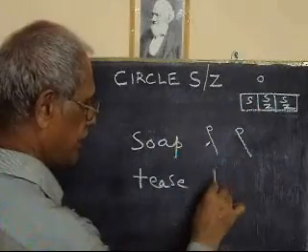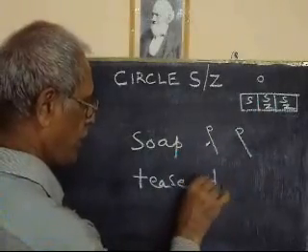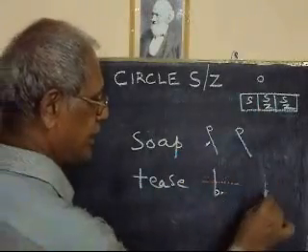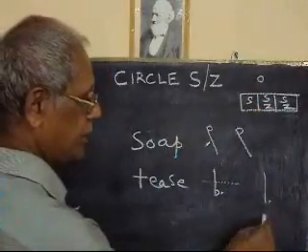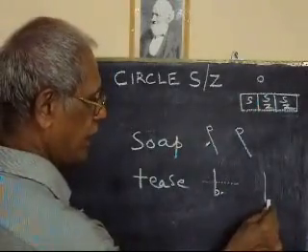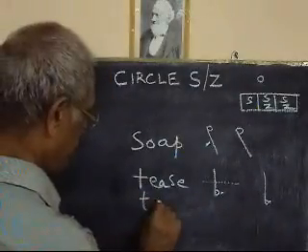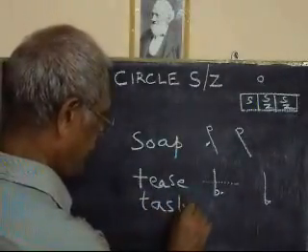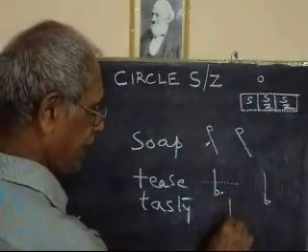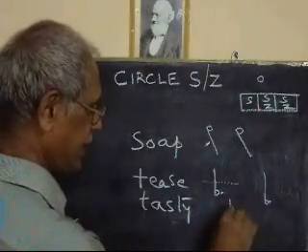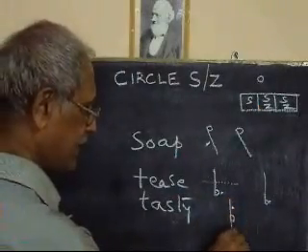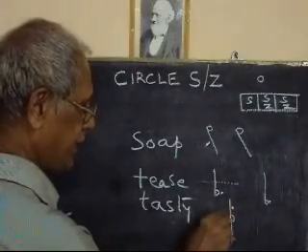Tease. T, now put the circle. Small circle. The circle is attached. Tasty.